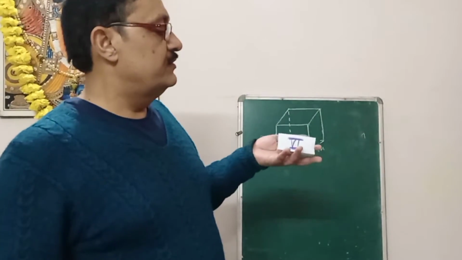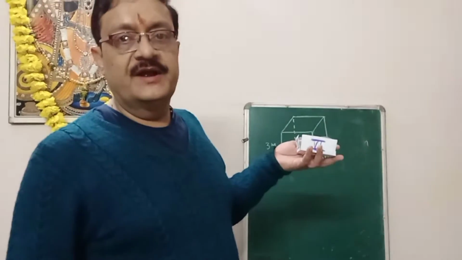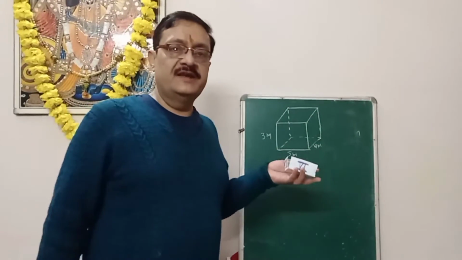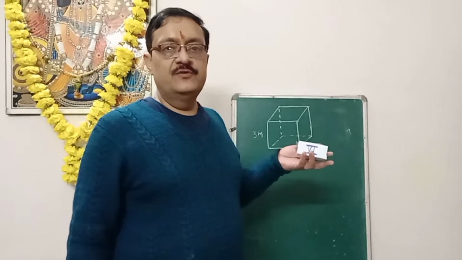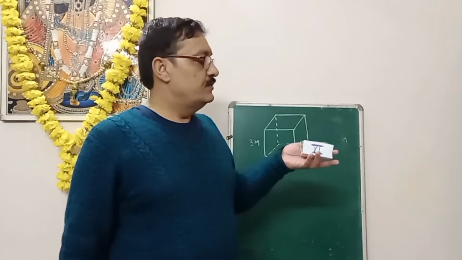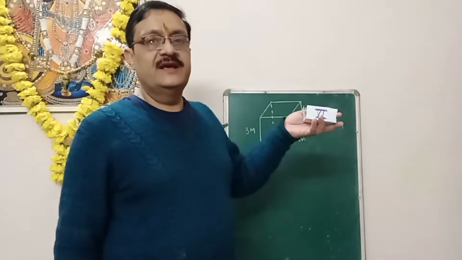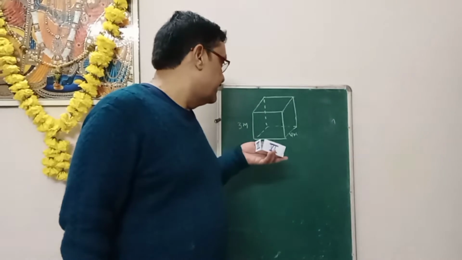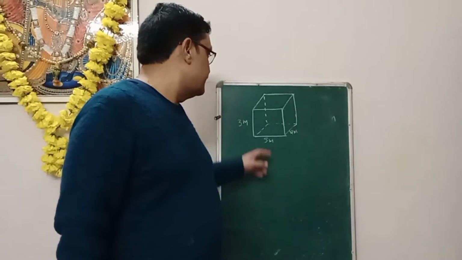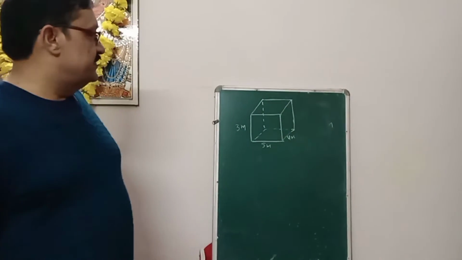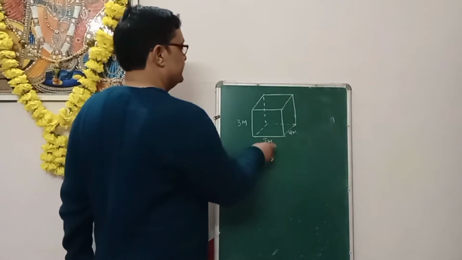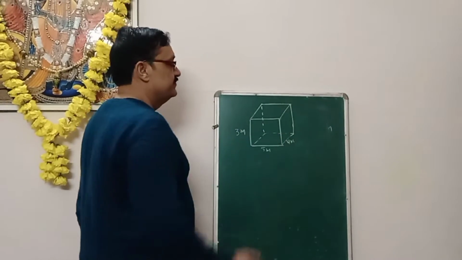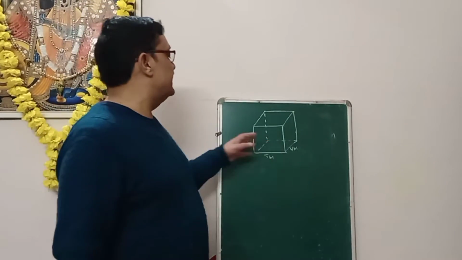Room is also a type of cuboid, because this room, if you are able to visualize, will give a look of cuboid. Upon drawing it on a piece of paper, we get a picture like this. This is length, this is breadth and this is height, and this is given. This is the dimension of length, breadth and height of a room.